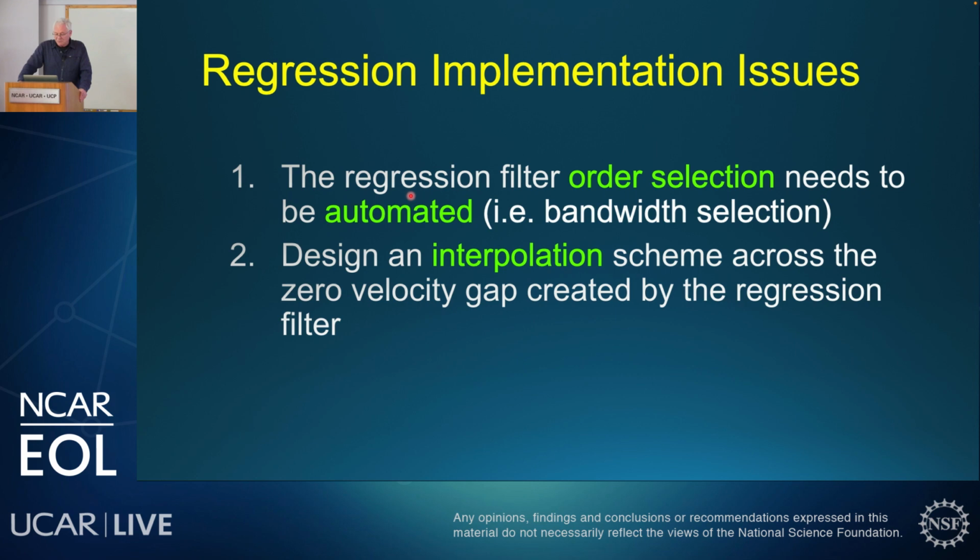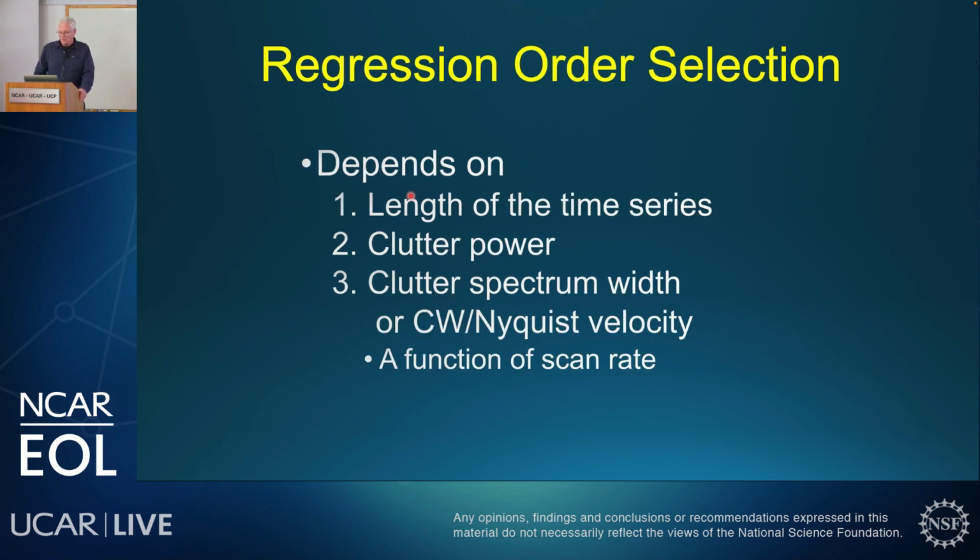We need to do the same thing with a regression filter, and I think you can see how we're going to do that from my frequency responses. And then design an interpolation scheme to go across the zero velocity gap. There was a real specialized interpolation scheme embedded into that GMAP filter that the Weather Service still uses today. Okay, we've done those two things, and we've moved on.